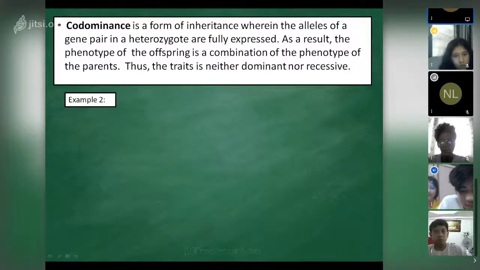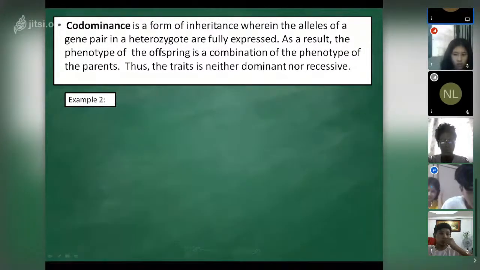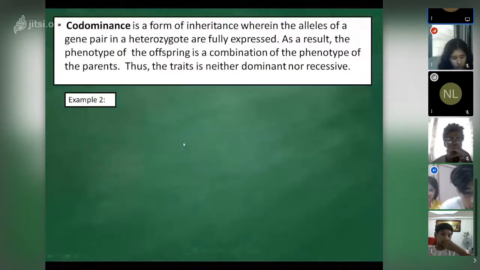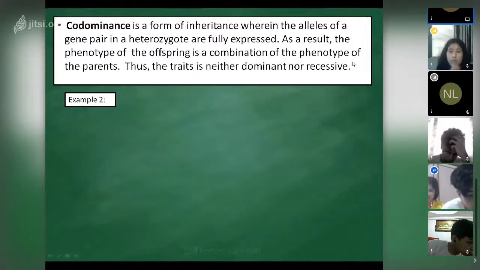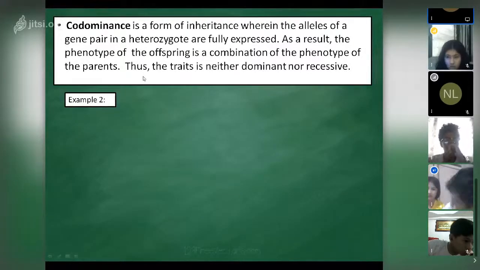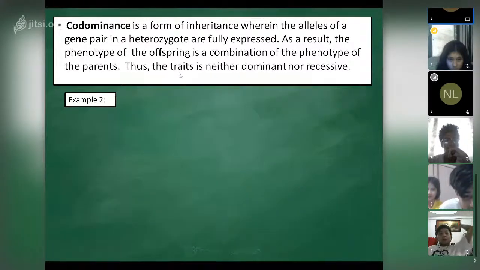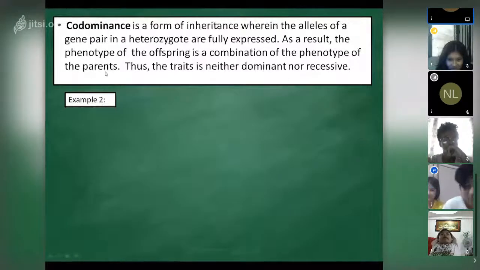Codominance is a form of inheritance wherein the alleles of a gene pair in a heterozygote are fully expressed. As a result, the phenotype of the offspring is a combination of the phenotype of the parents. Thus, the trait is neither dominant nor recessive.